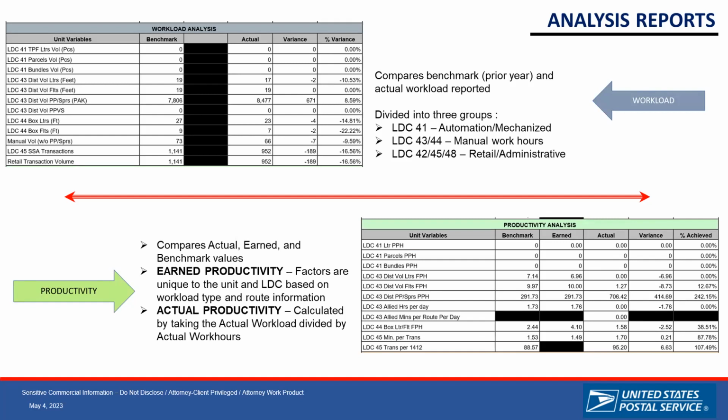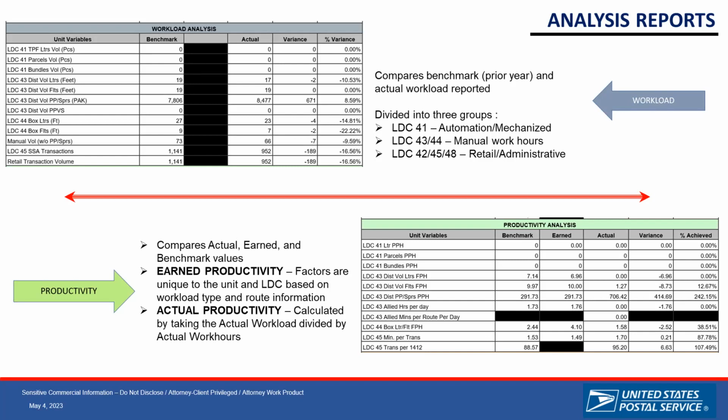The previous fiscal year in the benchmark, they had 7,806 packages, and this fiscal year they had 8,477, an increase of 670 packages for the same time period. They've lost on window services, and they've also lost on their retail transactions. You can see retail is down about 16.5%.